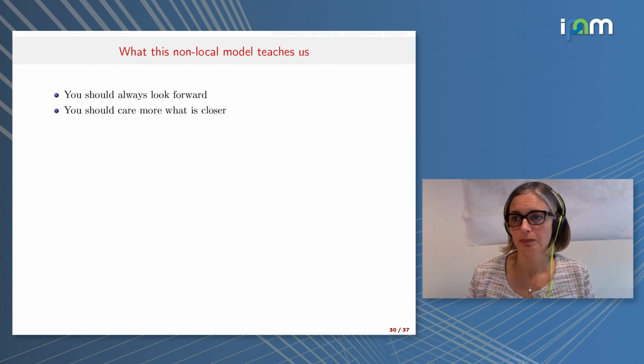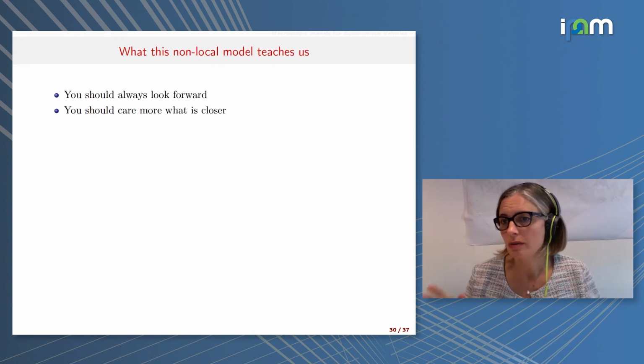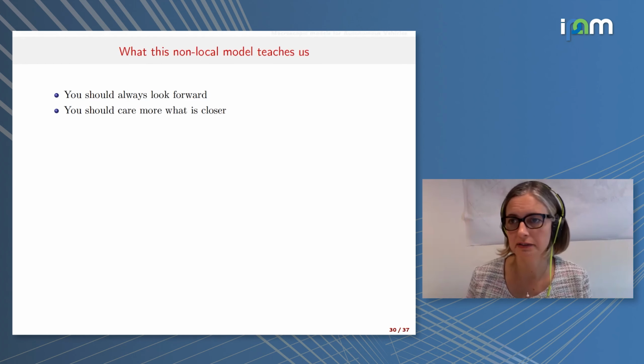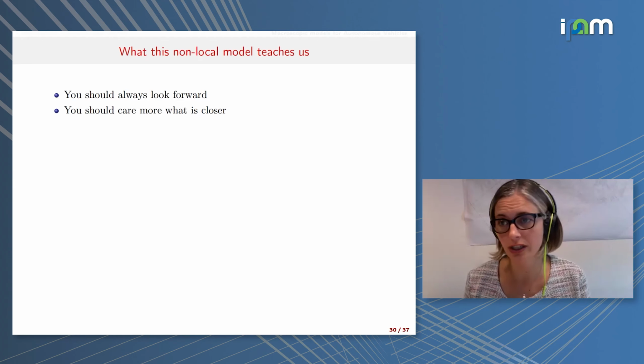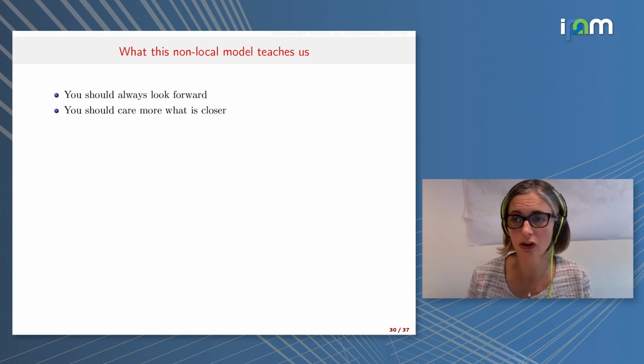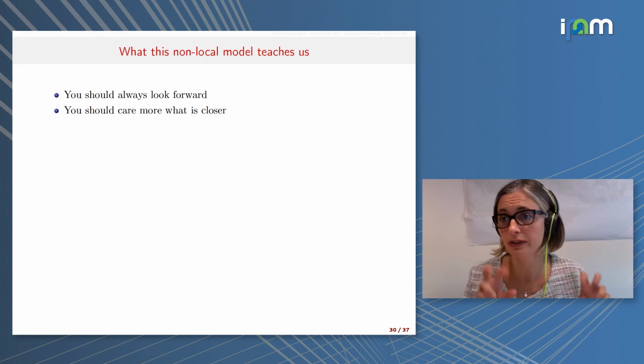Okay, so using this model like this, imagine that we have a street full of autonomous vehicles, and all these autonomous vehicles are using this rule.